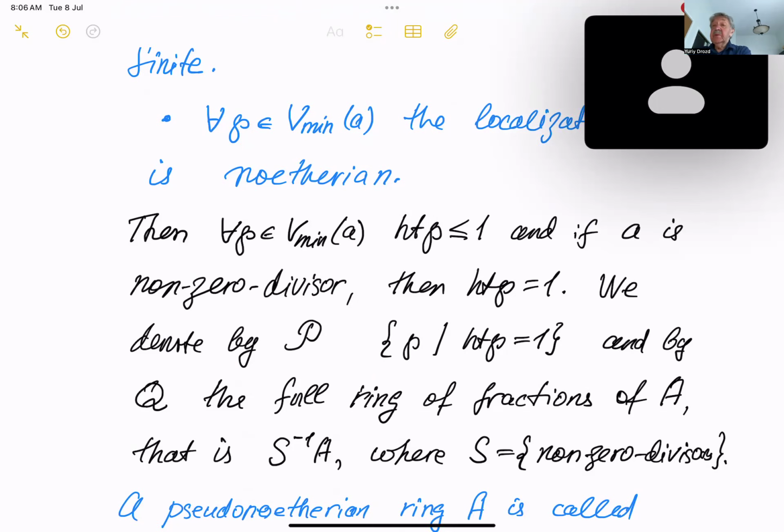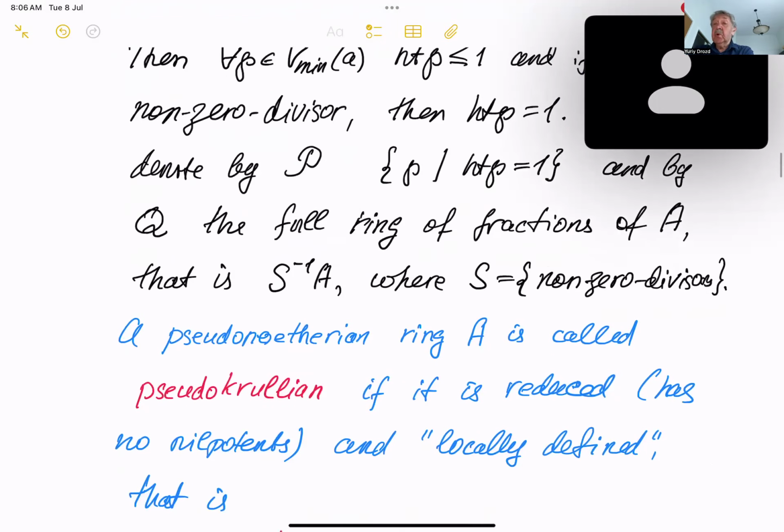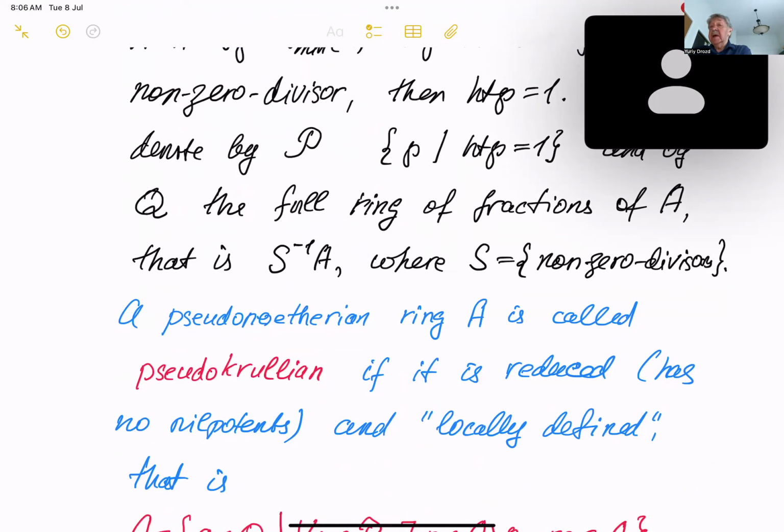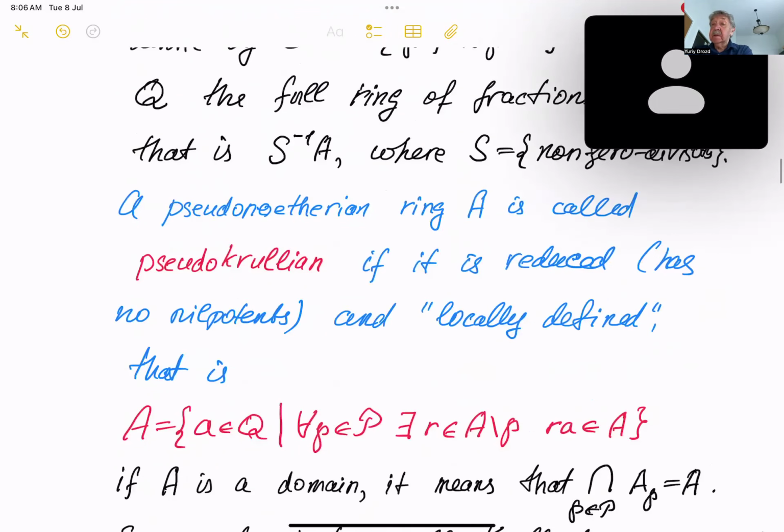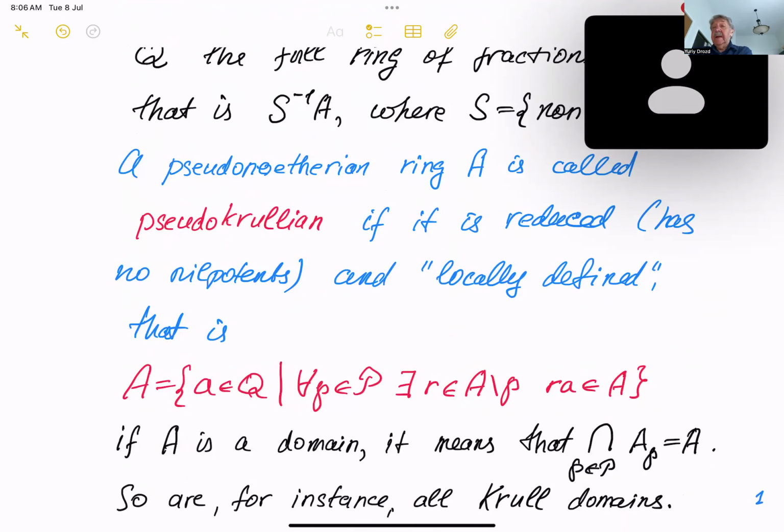A pseudo-Noetherian ring is called pseudo-Krullian if it is reduced, that is, has no nilpotent elements, and locally defined, that is, it coincides with the set of all elements r from the full ring of fractions such that for any prime ideal of height 1, there is an element a not in this prime ideal such that r times a is in A. Or if A is a domain, it just means that A equals the intersection of all its localizations by prime ideals of height 1.